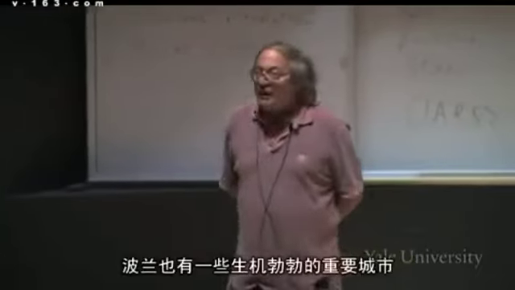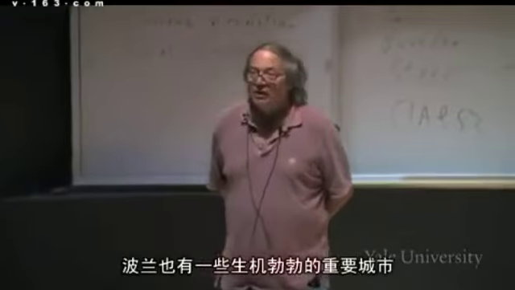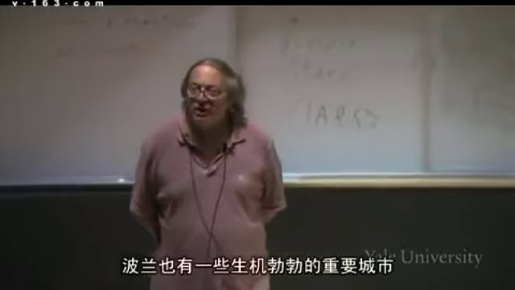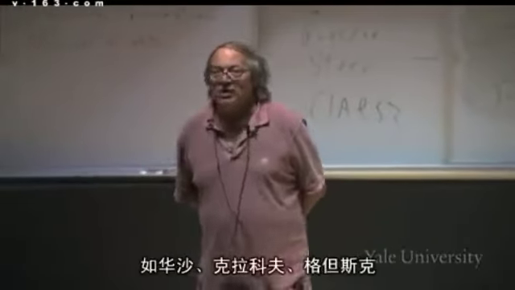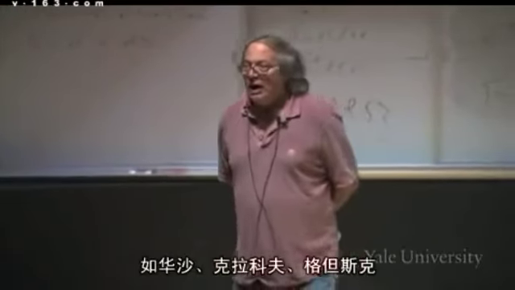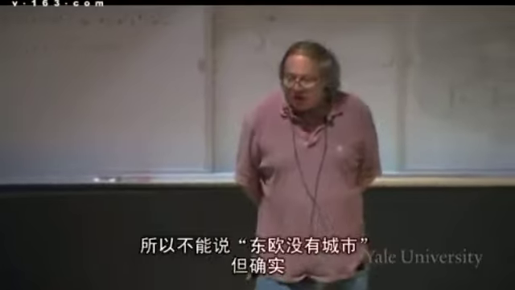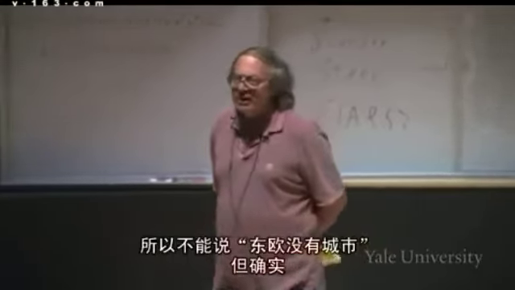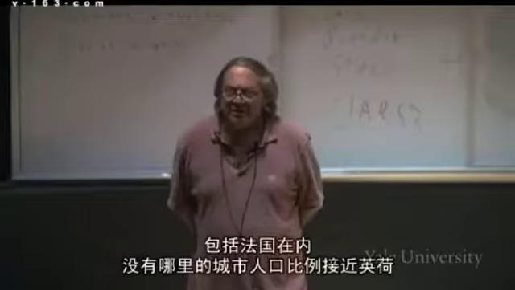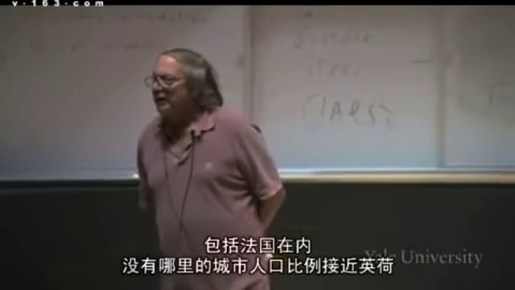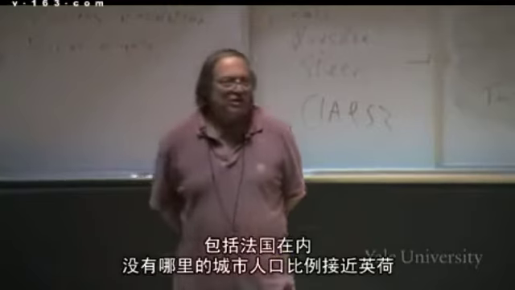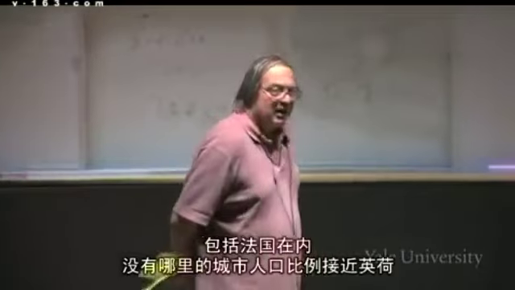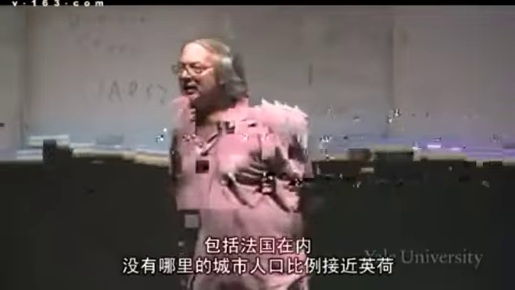Poland had very lively, important cities, Warsaw and Krakow, and some others, Gdansk as well. So you can't just say, well, in Eastern Europe there weren't cities, but there isn't any place, including France, that had remotely as high a percentage of the population living in cities as England and the Netherlands.